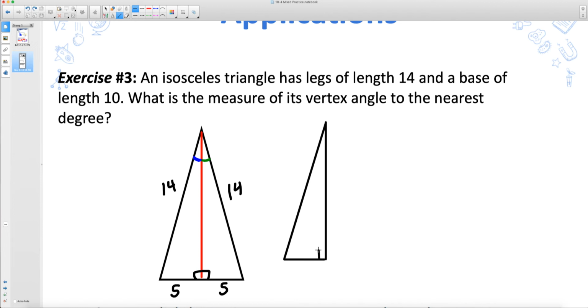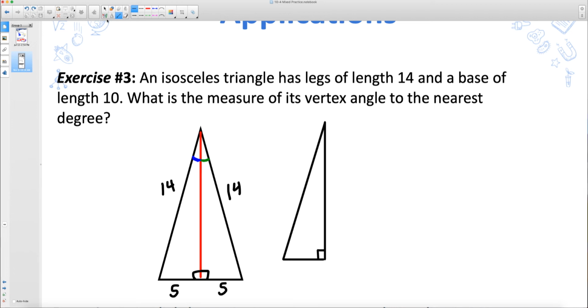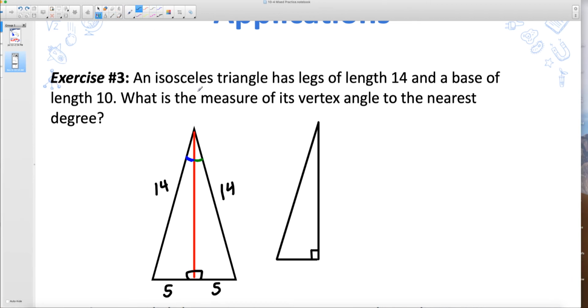Okay, we have a right angle here. So then this is 5, this is 14. We're going to solve for this angle up here, x. Let's label this. Okay, across from the right angle, that's our hypotenuse. This is our opposite.